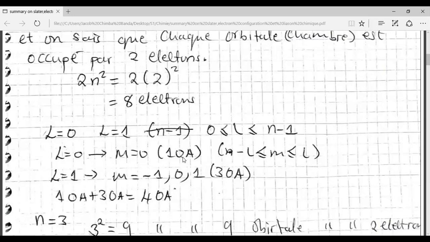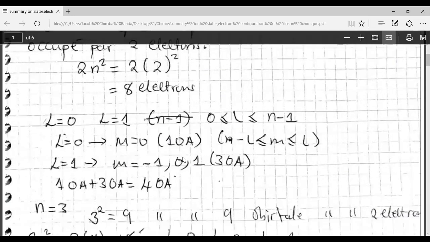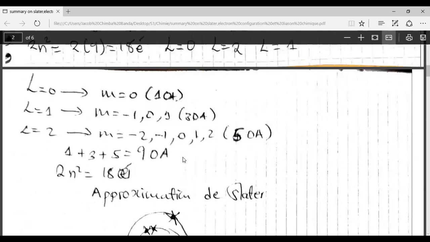That's how it works when you deal with polyelectronic atoms, or atoms with a lot of electrons. So for N is equal to 3 it is the same thing also. You find this orbital and you find 18 electrons.